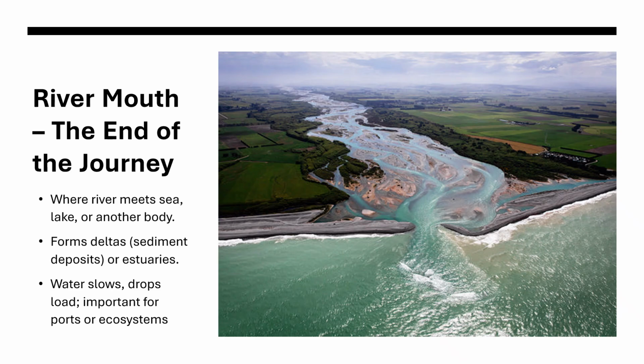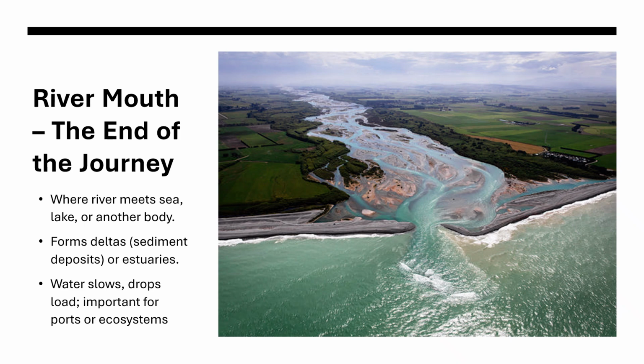It can be sediment such as silt and so on. It's important for ports and ecosystems. Ports such as what? Durban port also has a river mouth.